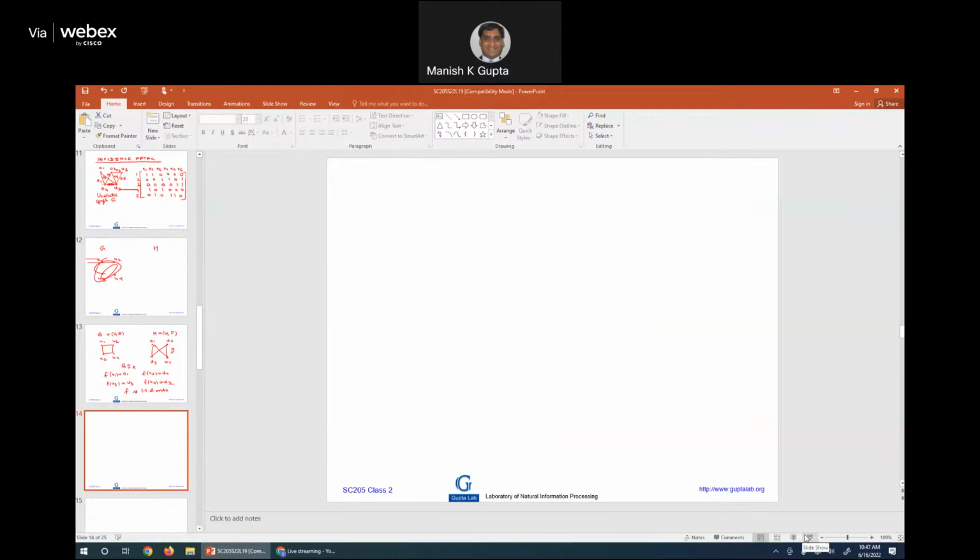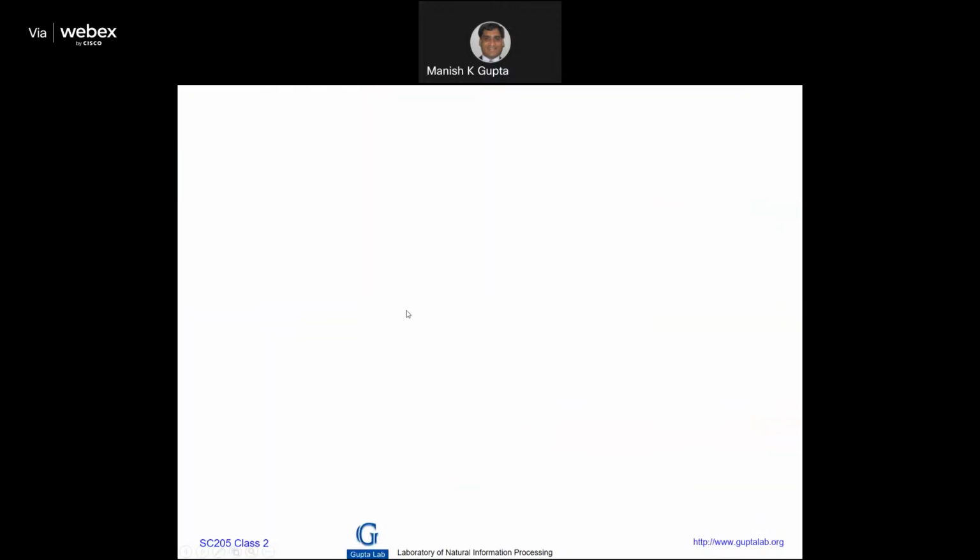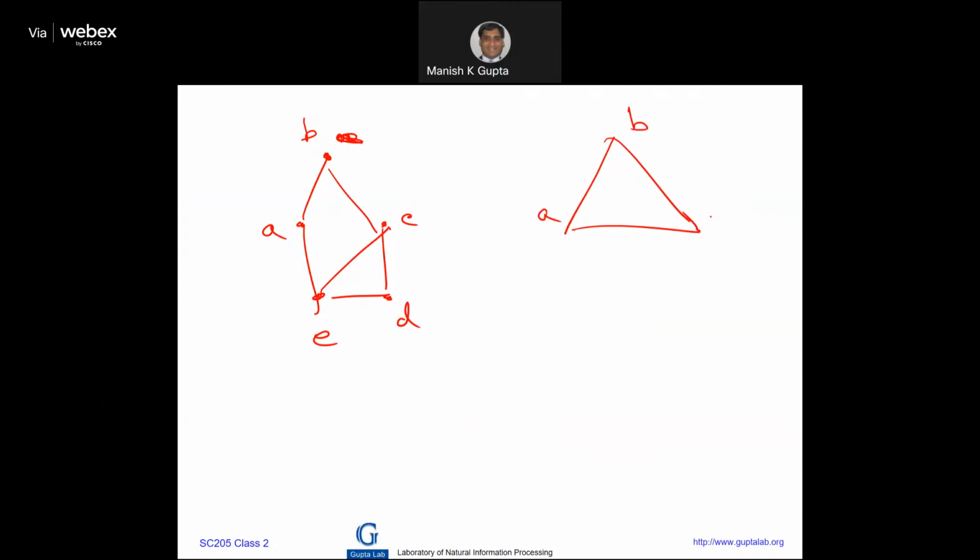Let me do a couple more examples. A, B, C, D, E. This is a graph G, this is a graph H. You can see that the number of vertices is 5 and the number of edges is 6 in both the graphs, right?